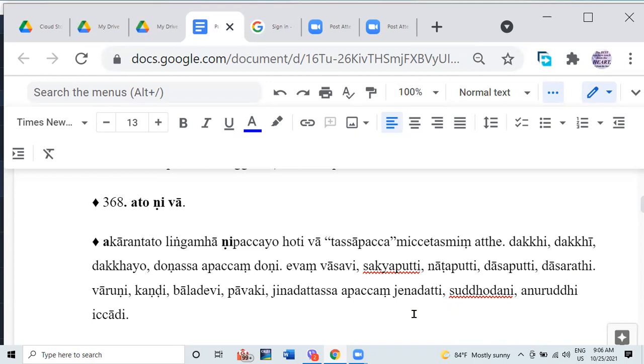Masculine gender, like the word Muni, Sayadaw. Yes, Muni. Masculine gender.